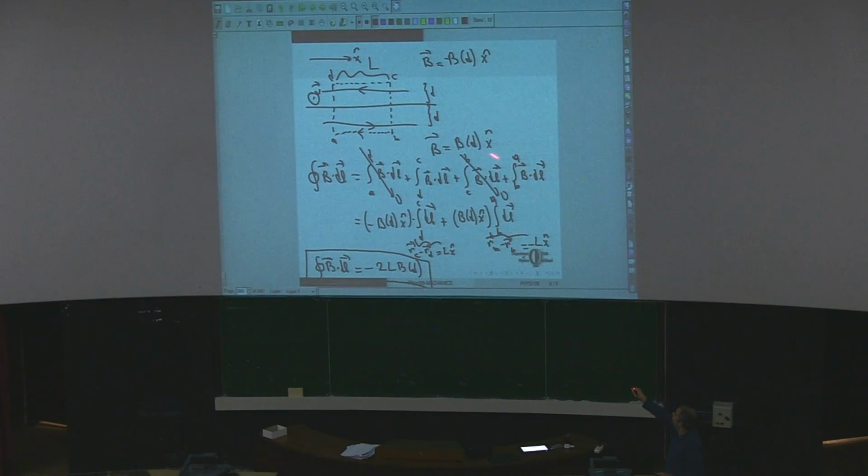Either it's pointing in the plus x direction or it's pointing in the minus x direction. But in both cases, it is perpendicular to my displacements. So I have two vectors that are perpendicular to each other, so their scalar product is 0. Other questions?